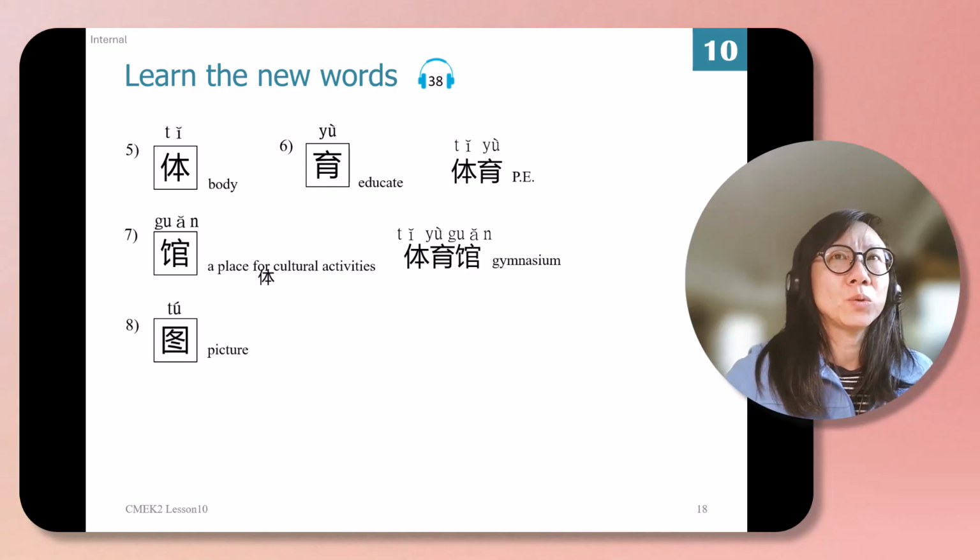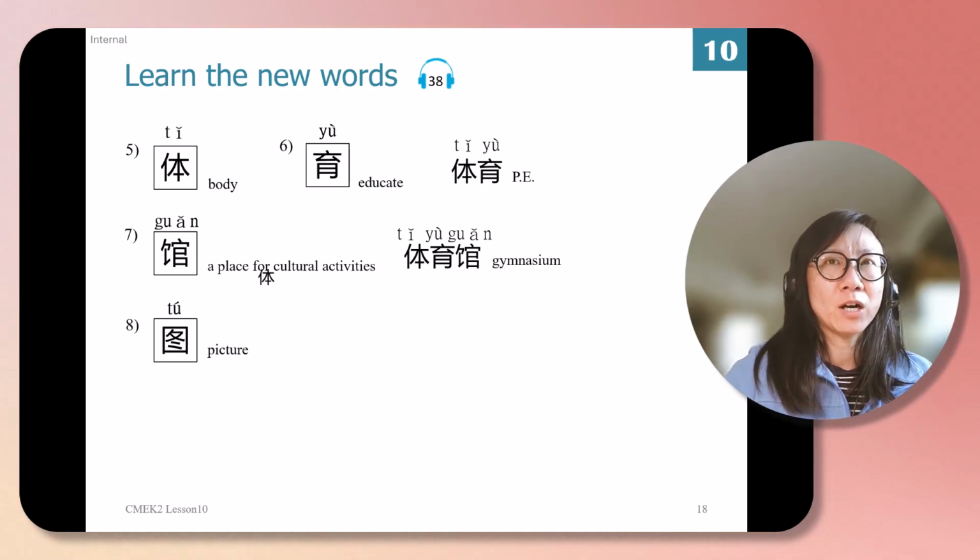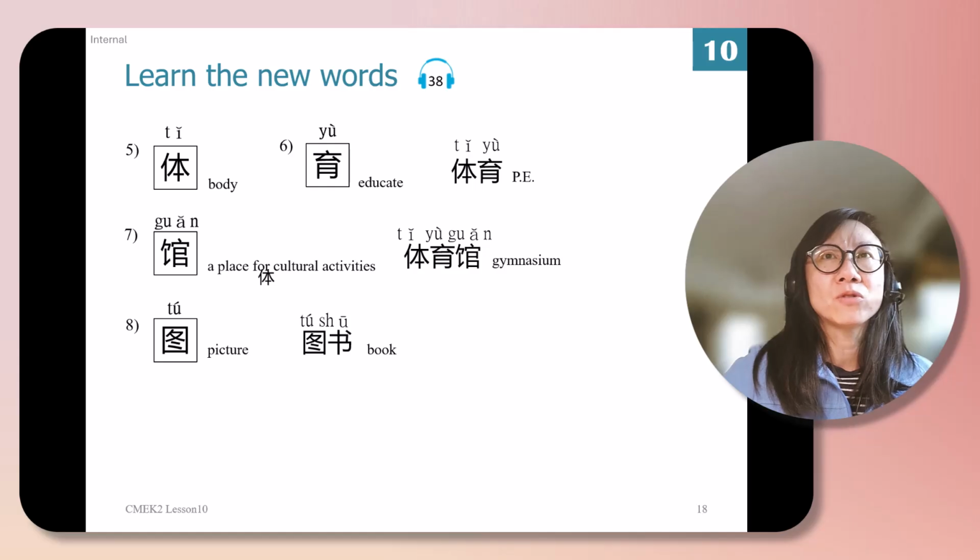And next one is 图, picture. And 图书 means book. And the area where people can borrow and read books is also a reading cultural activity area. And then we call the library 图书馆.